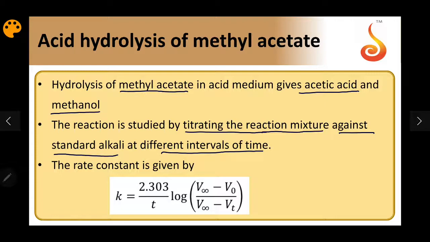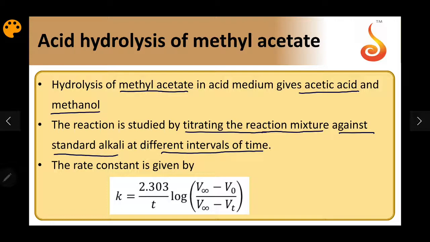At V0, it is only the HCl present in the reaction mixture, and Vt is the amount of HCl plus the amount of acetic acid formed at different intervals of time, and V infinity is the acetic acid formed at the end of the reaction, or I can say methyl acetate present in the beginning.